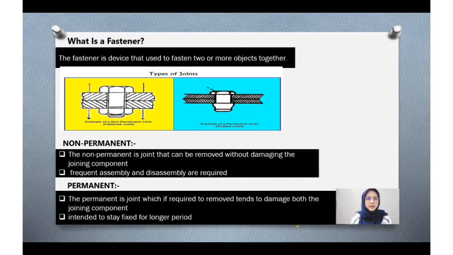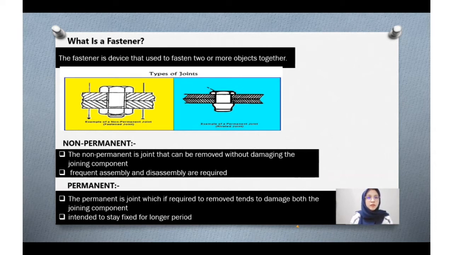What is a fastener? A fastener is a device used to fasten two or more objects together. There are two types of joint, that is non-permanent and permanent. Let me explain non-permanent first.